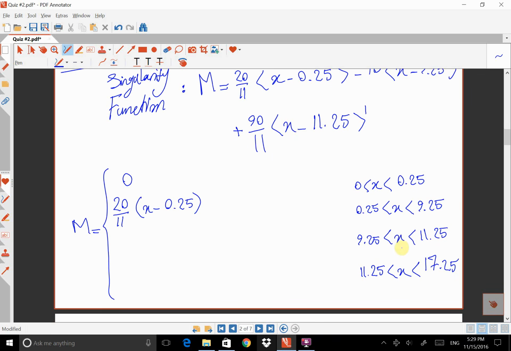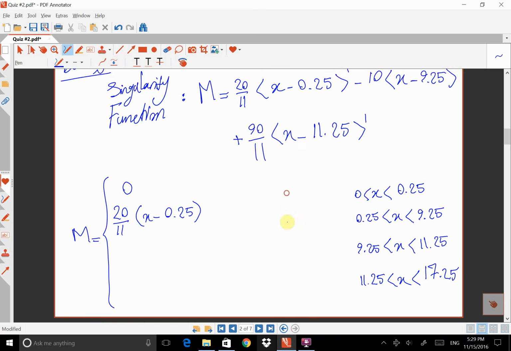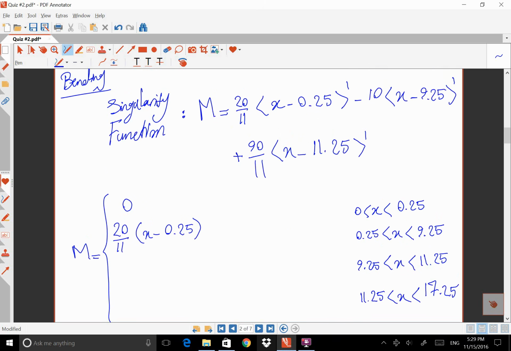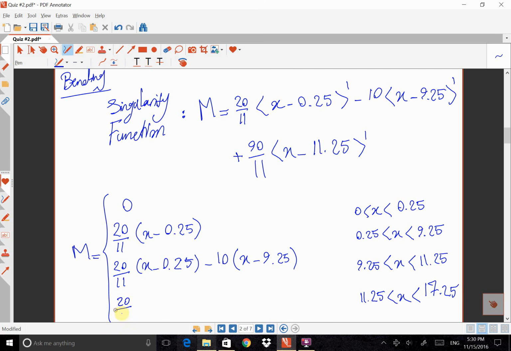The third region, if I pick a number here, like 10, and put it in this function, these two will be positive and this one will be negative. So this will be gone and I just have these two terms. So the moment will be 20 over 11 (x minus a quarter), with the brackets changed to parentheses, minus 10 times (x minus 9.25). And finally, if I pick any number here, all those terms will be positive and all the brackets will be changed to parentheses.